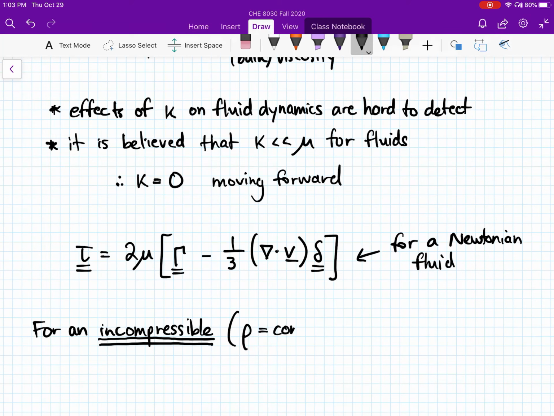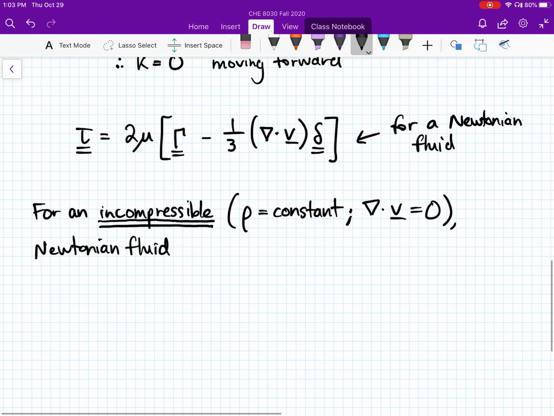Incompressible again means that our density is constant, and it also tells us that the divergence of the velocity is equal to 0. For an incompressible Newtonian fluid, we have the following equation.